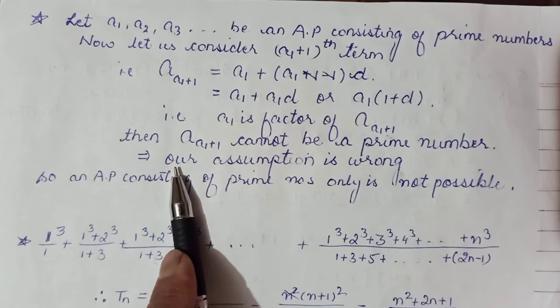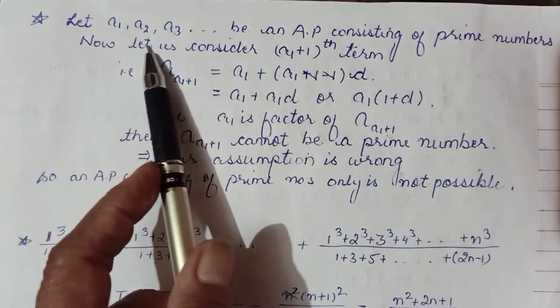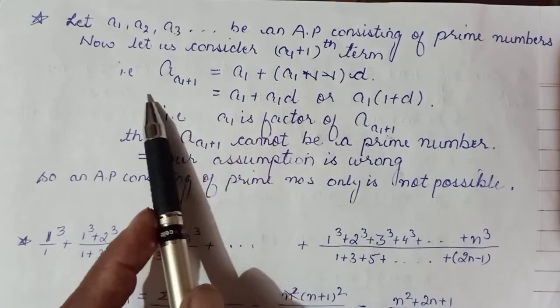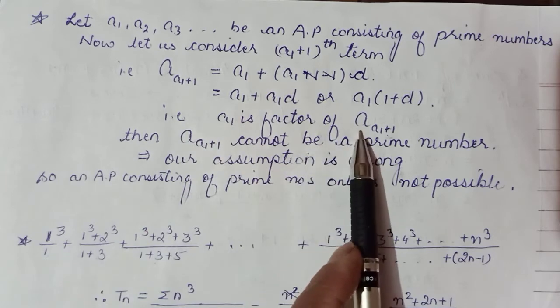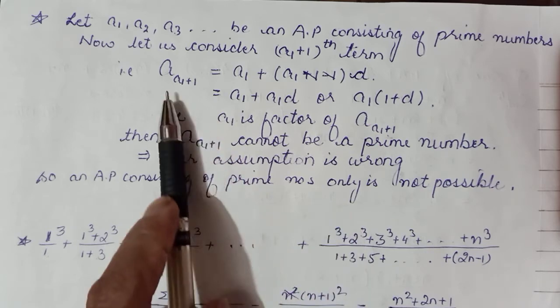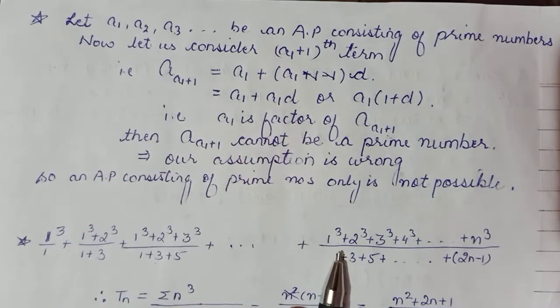Okay, तो हमारा ये contradiction आ गया, क्योंकि हमने assume किया था कि ये AP is consisting of prime numbers, और जब हमने उसका एक particular term consider किया, it clearly came out to be non-prime. So that means whatever was our assumption is definitely wrong. That is, we cannot have an AP which has only prime numbers as its terms.